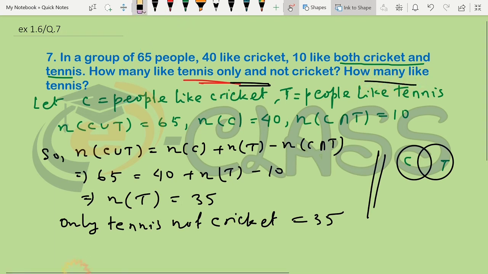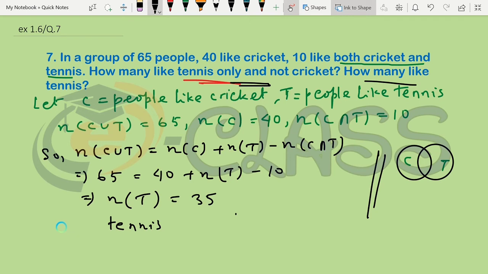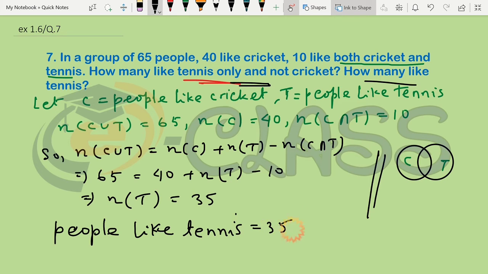So how many like tennis? You have to just change and write the answer as people like tennis equals 35.